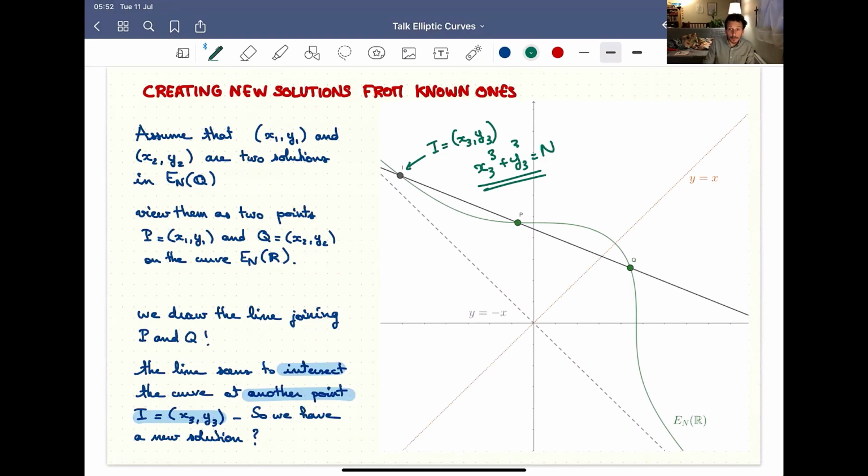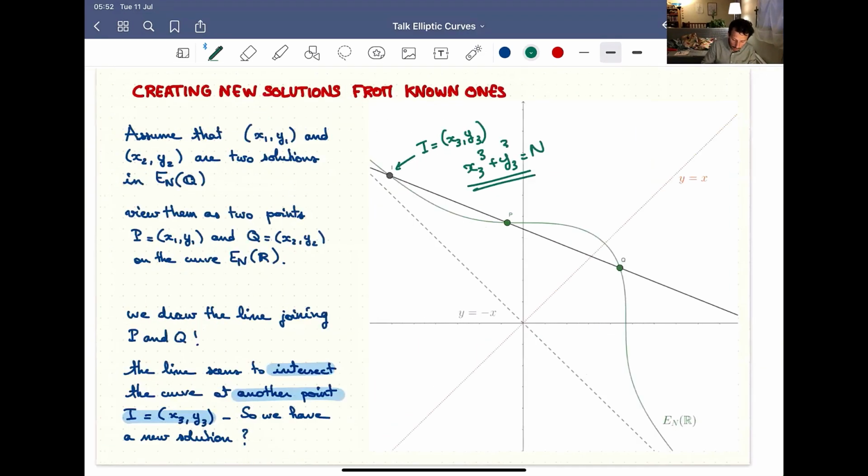And I'm going to prove this for you right now, that we have indeed a new solution. And something stronger, actually. Okay, so how does the proof work? Well, it goes like this.